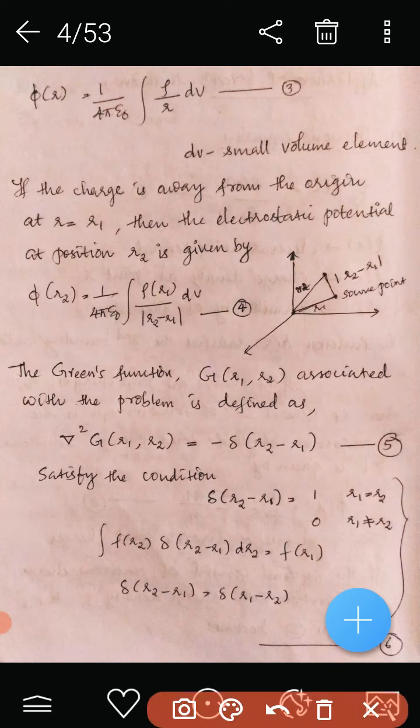Now, if the charge is away from the origin at r equals r1. Here you can see a picture, a point charge at a distance r1 from the center or the origin. Then we have to find the electrostatic potential at a position r2.